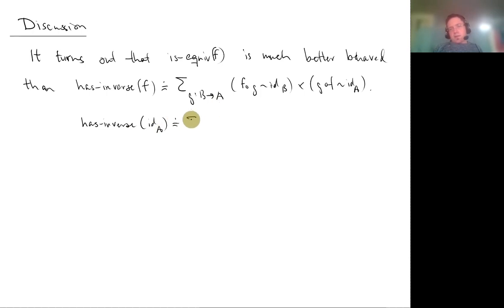Then this says I'm giving a g such that g is homotopic to the identity on A, and g is homotopic to the identity on A. Now, when we have function extensionality, that'll say that the type of homotopies will be equivalent to identifications of f with g.